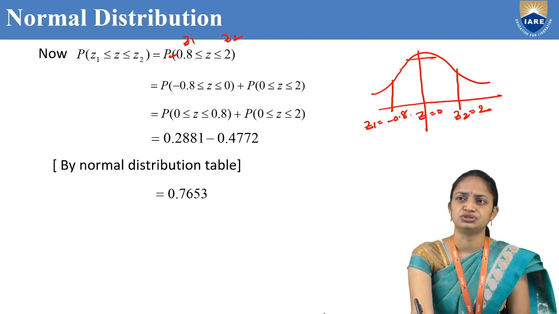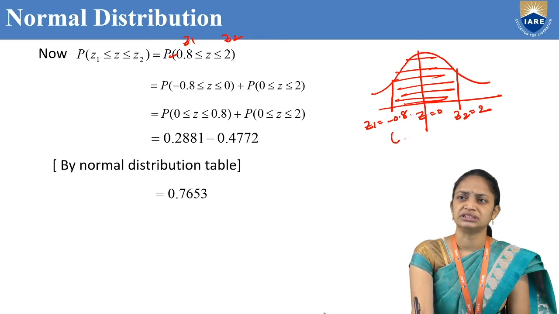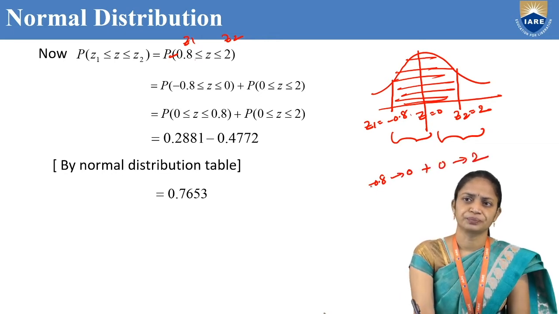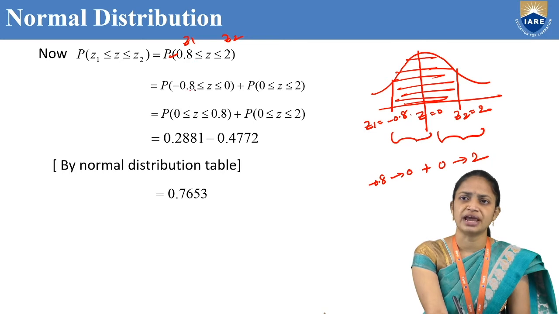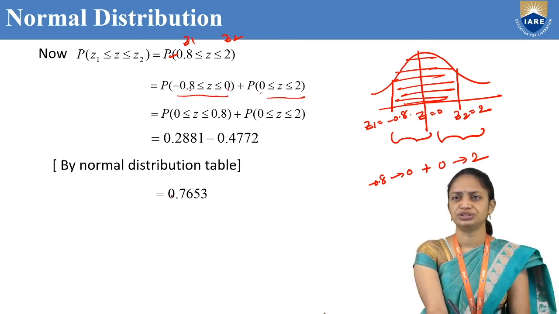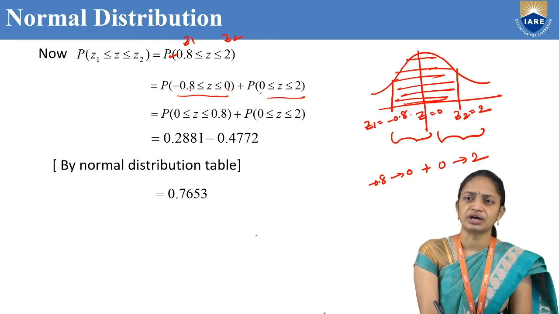We need this total area: from here to here plus from here to here. That means minus 0.8 to 0 plus 0 to 2. We have to convert it.